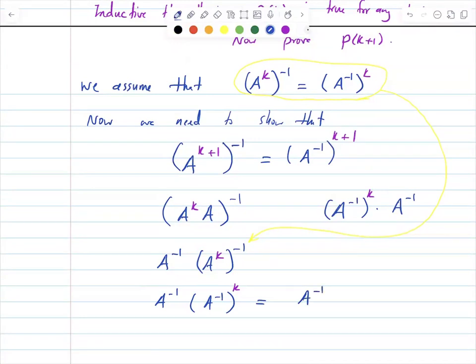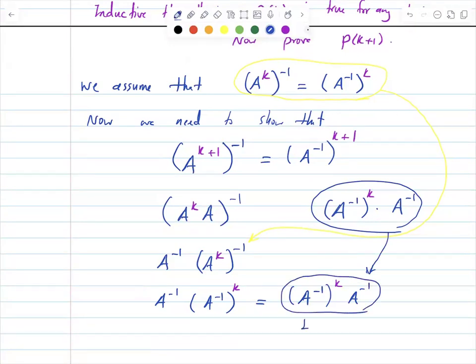This is the inverse of A to the power k multiplied by the inverse of matrix A, which is basically the same as what we have on the right-hand side. So left-hand side and right-hand side are equal to each other. So by induction, we just proved that this statement is true.